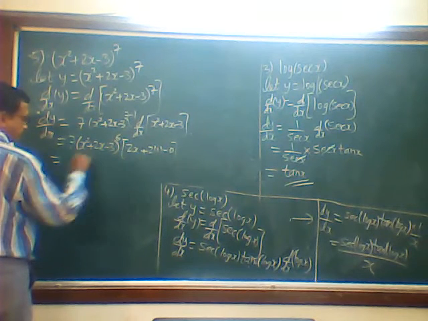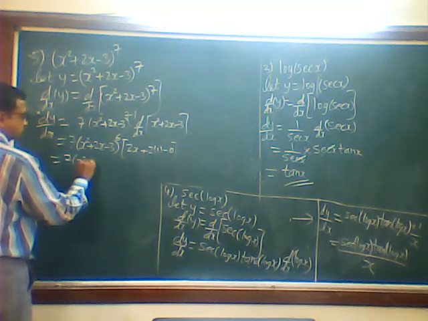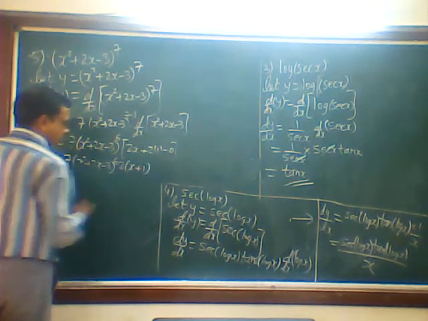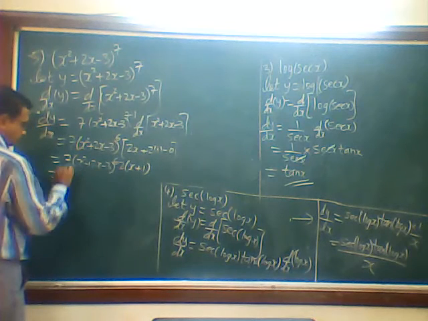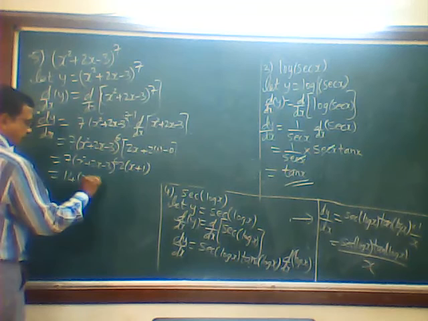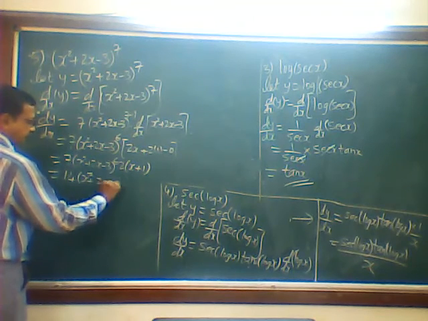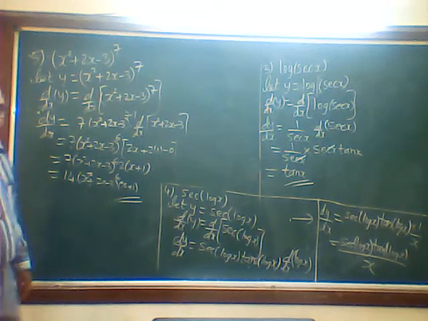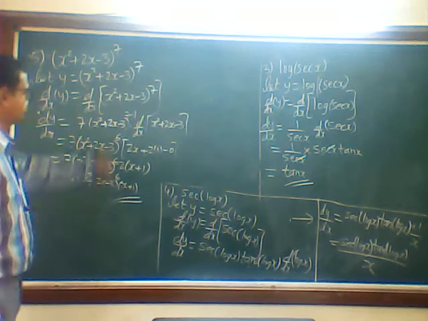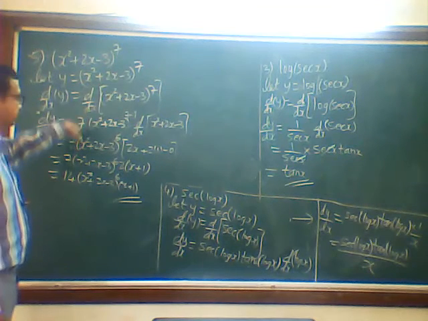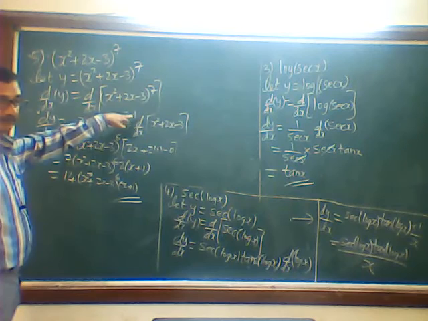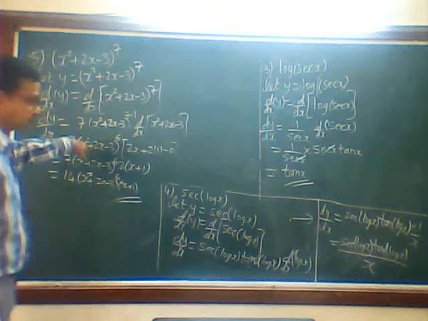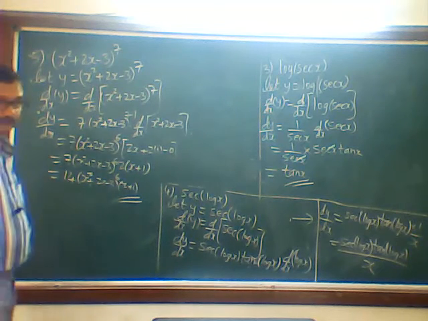I can take out that 2 outside. 7 into 2, 14. 14 into x square plus 2x minus 3 raised to 6 into x plus 1. Got it? So first we are doing the differentiation of power, that is 7 times the bracket raised to 7 minus 1. Afterwards we are doing the differentiation of that base x square plus 2x minus 3. That is what happened. Got it?